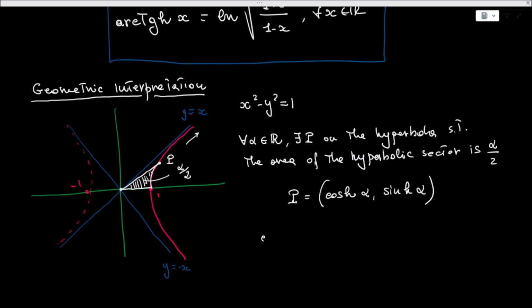If we have the hyperbolic cosine of alpha squared minus the hyperbolic sine of alpha squared, the fundamental equation says that this is exactly equal to 1. So this proves that indeed this point P sits on the branch of the hyperbola.